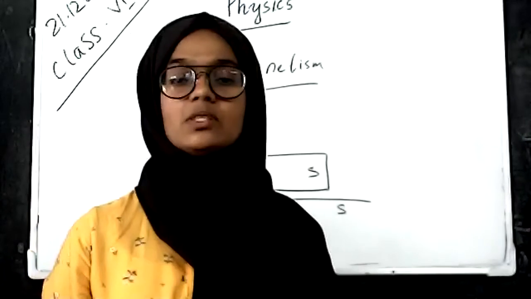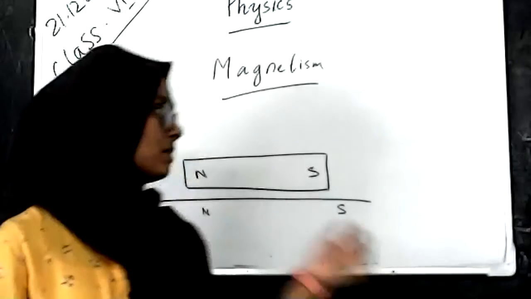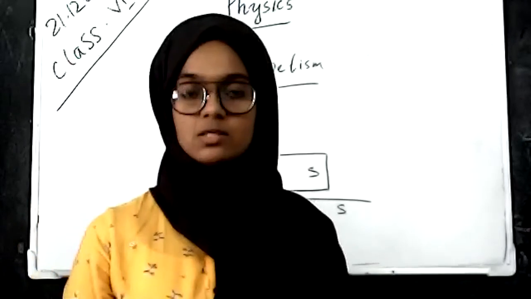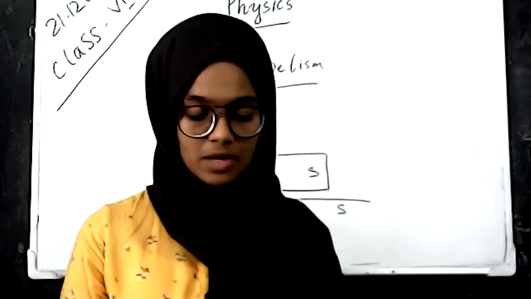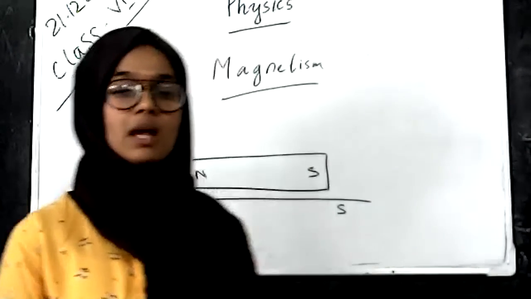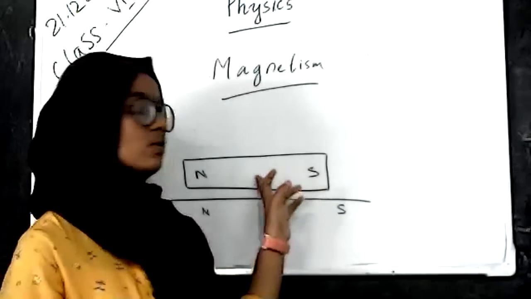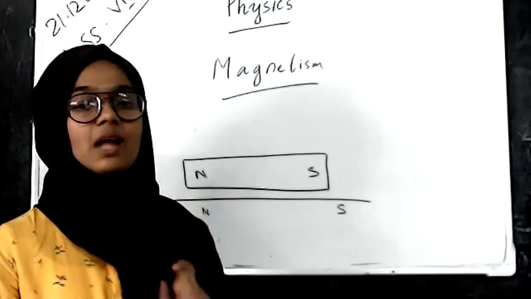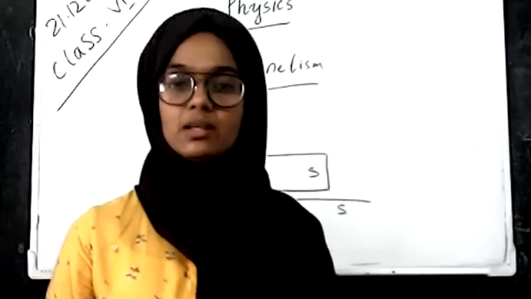After some time, the magnetic property of the hacksaw blade diminishes. Okay, so I think all of you understand how a temporary magnet is made using a magnet, and what is the attraction and repulsion of magnets.